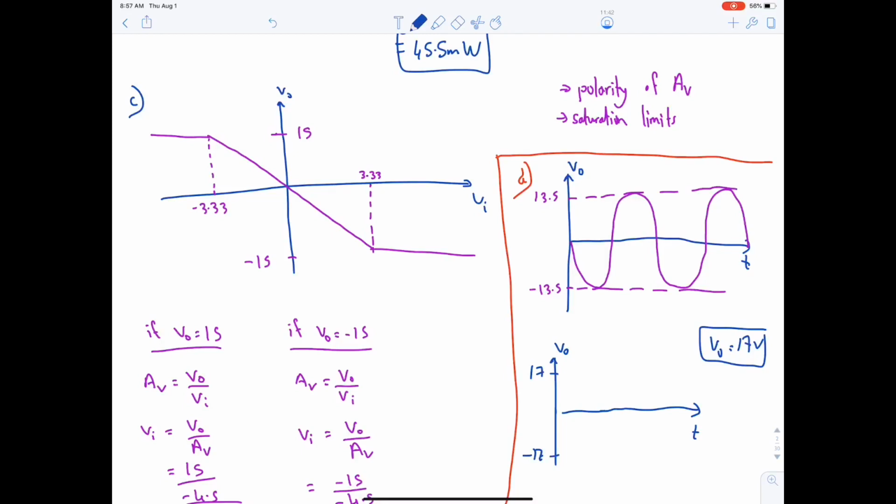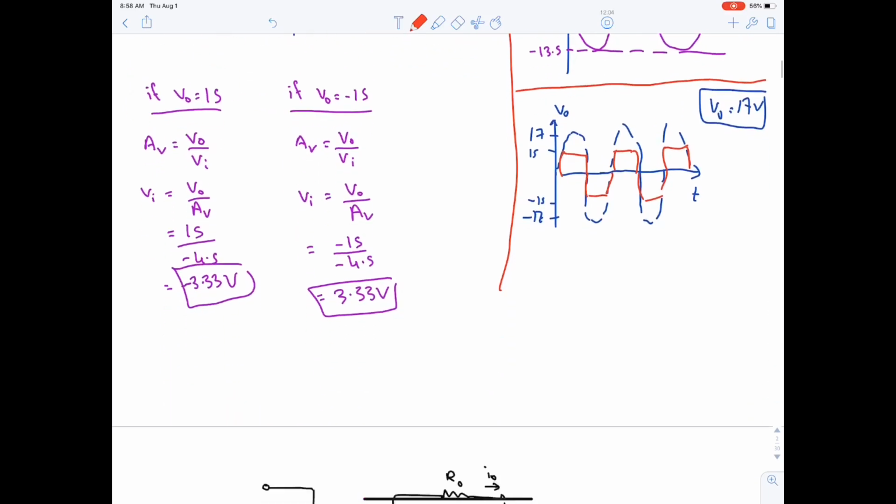Now the expected output is 17 minus 17. However, it will saturate on 15. So here what you have to do is crop it at 15. That's how it should be drawn in case the output exceeded the limit. Okay? That's only a side note.